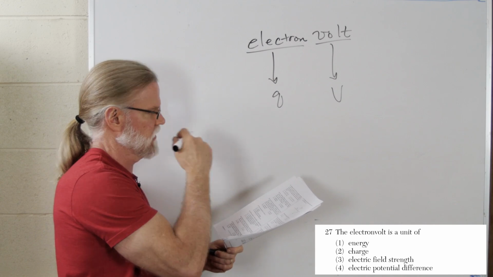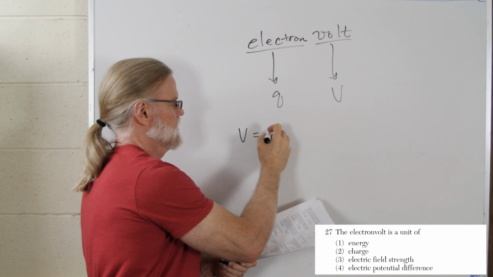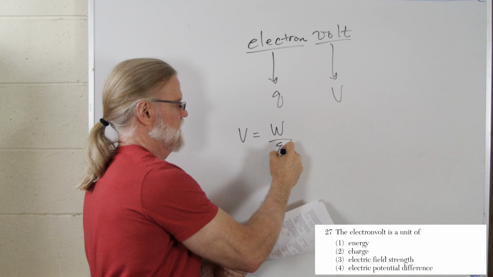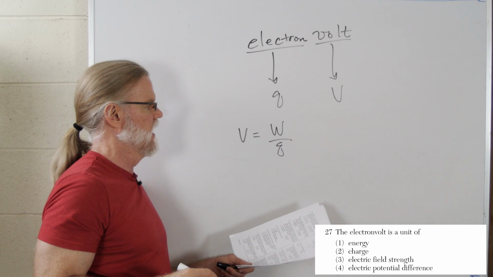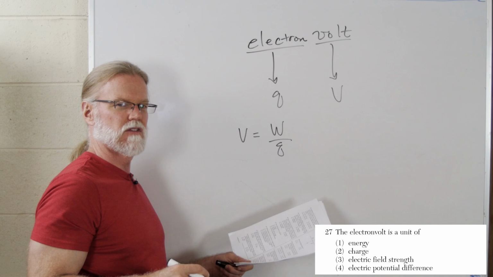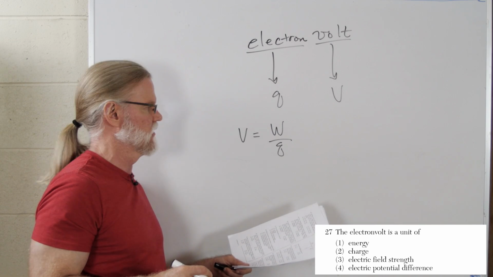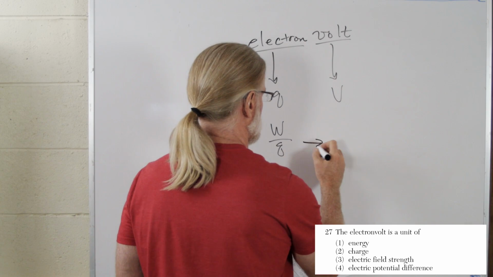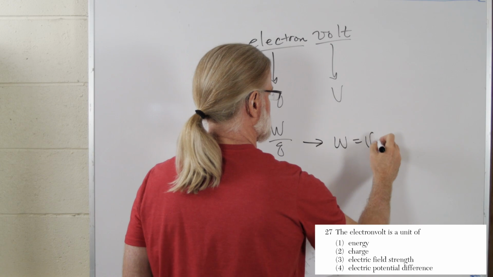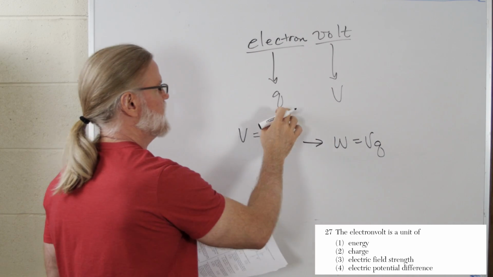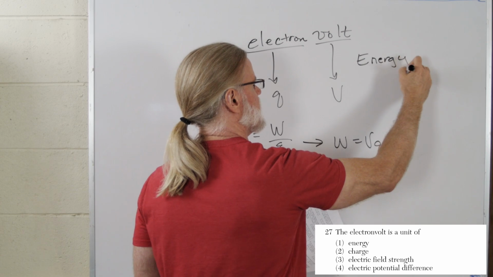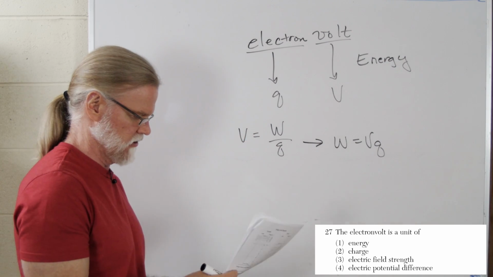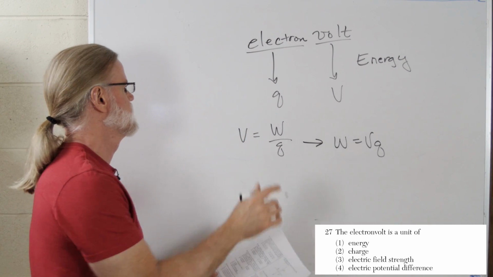If we look up in our reference table, we'll see voltage equals energy divided by charge. We use W for energy in this case because we don't want to use capital E, because that's used for electric field. So energy equals voltage times charge. Electron volt is a measurement of energy. Choice 1.